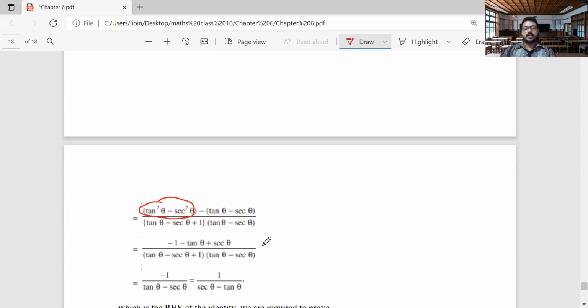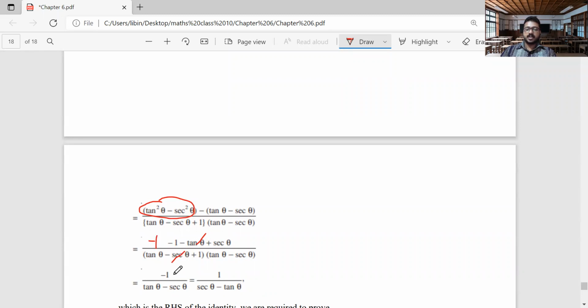Now again we are splitting it. Look, by looking at it we can see minus 1 minus tan theta plus sec theta, just take a minus common. So this term and this term get cancelled, only a minus 1 will remain.